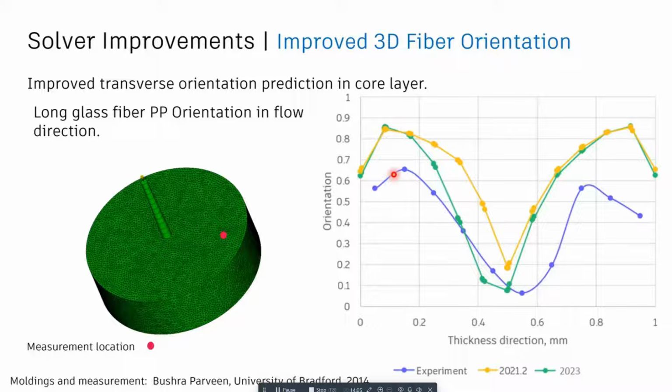So this should give a specific graphical outline for the solver improvements. Okay, this is a typical example of an experiment between the 2021 version and the 2023 version respectively.